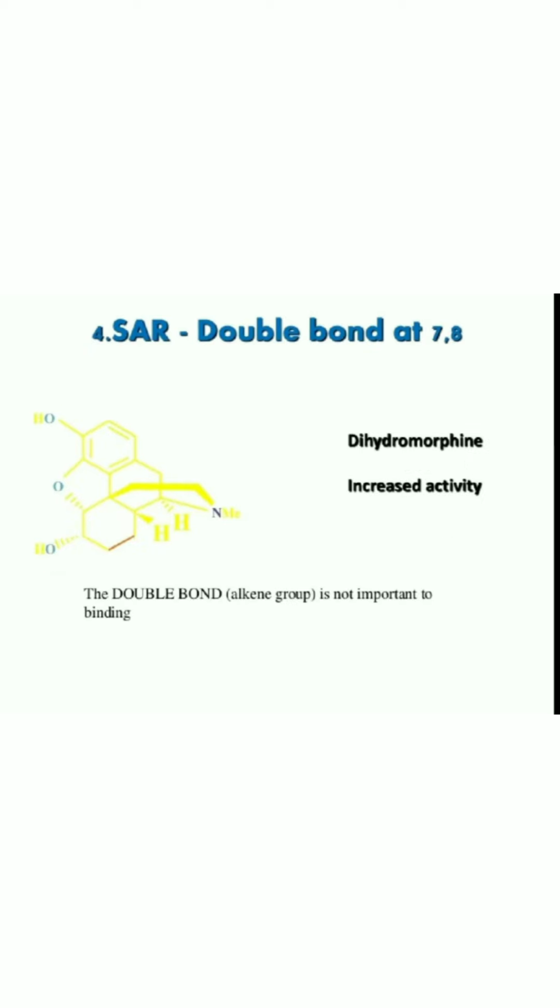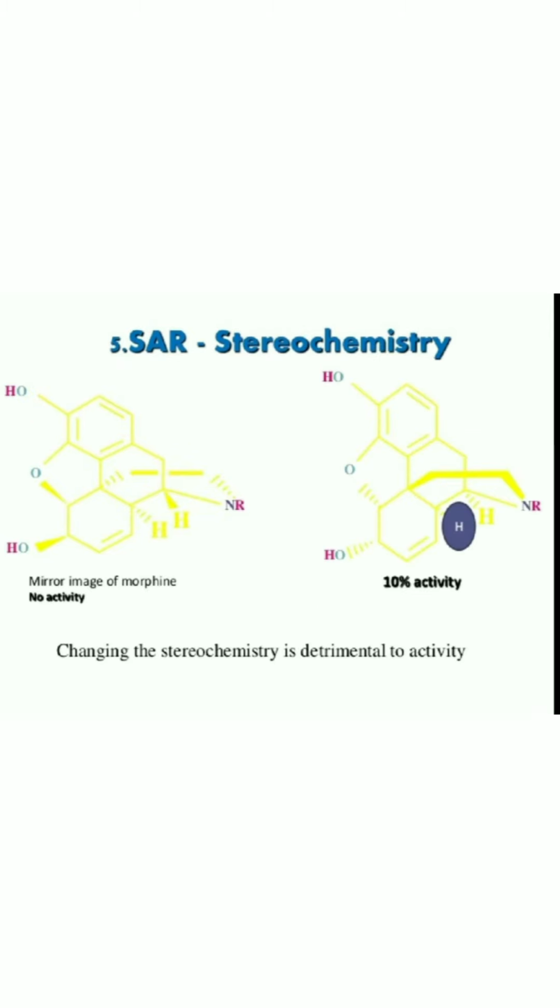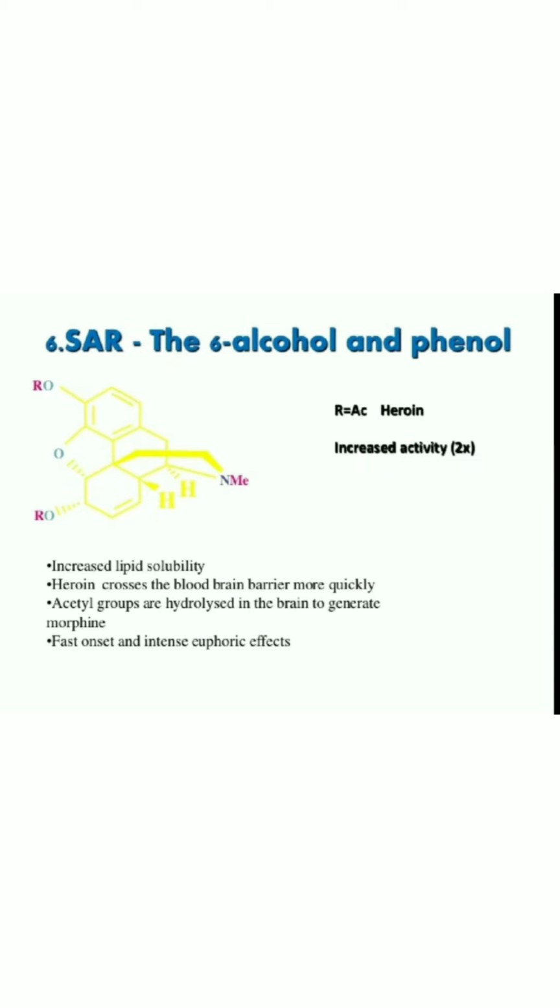The double bond reduced gives dihydromorphine, which also shows increased activity. A stereochemical factor: one stereoisomer of morphine has no activity, and the other stereochemical structure reduces activity to 10% of that of morphine. The 6th position alcohol and the phenol are very important.